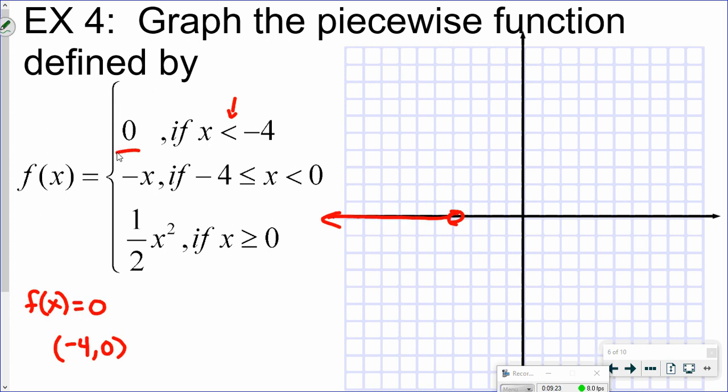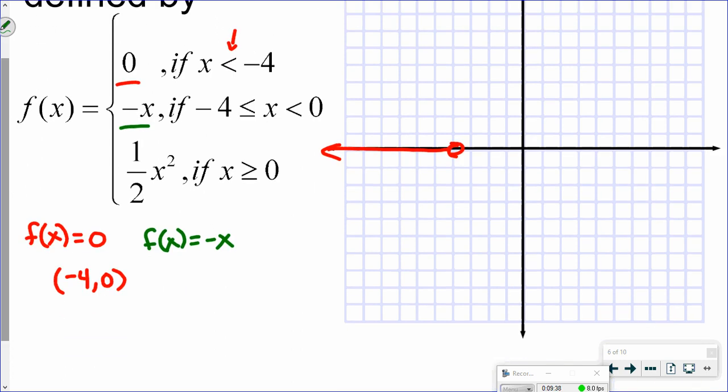The second piece, f of x equals -x. Okay? This one has 2 endpoints. I have an endpoint at -4 and an endpoint at 0. So, -4, I plug that in for x, then I get +4 for y.